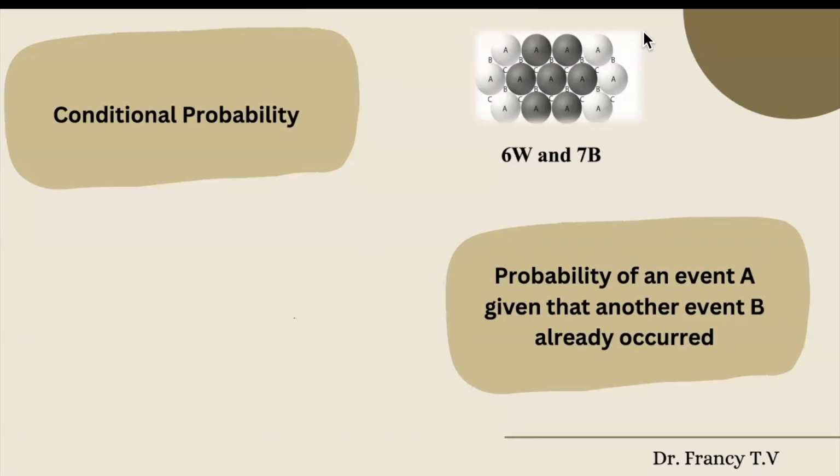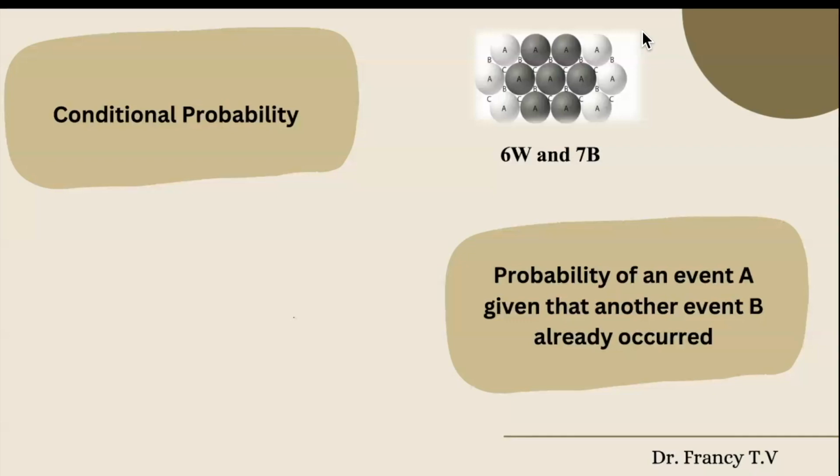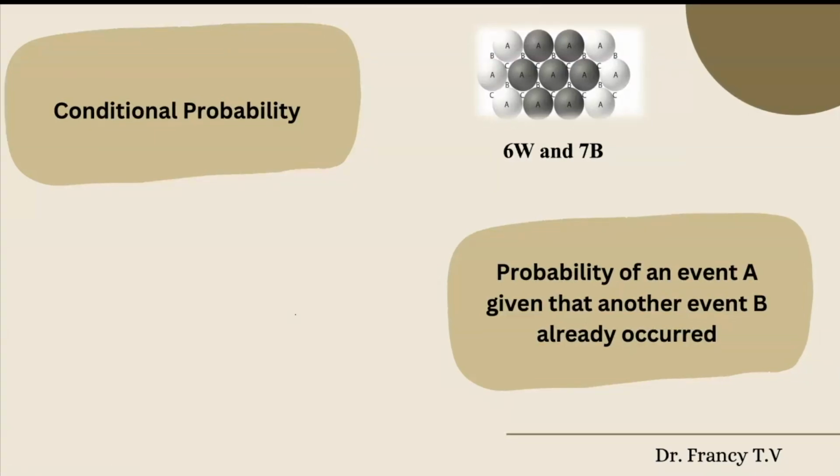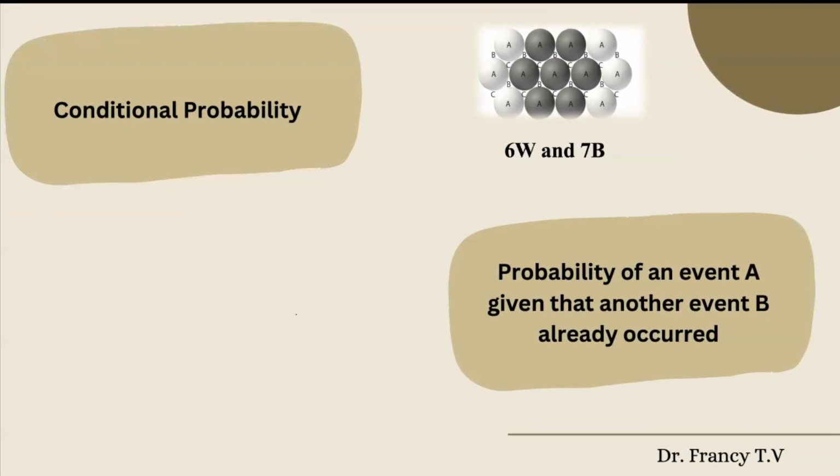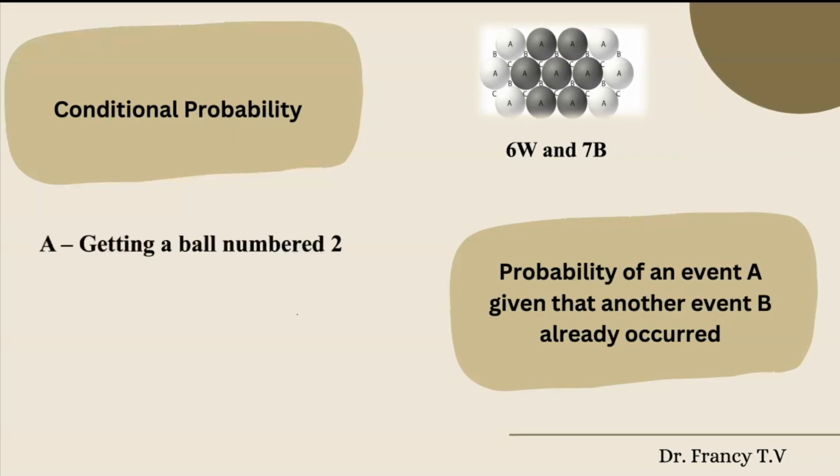In the light of that information, conditional probability calculates the probability of the first event. I will take a simple example. Just imagine a box containing 6 white and 7 black balls. Assume white balls are numbered from 1 to 6 and black balls are numbered from 1 to 7. Suppose I am taking one ball at random from this box and ask you what is the probability that this ball is numbered 2.